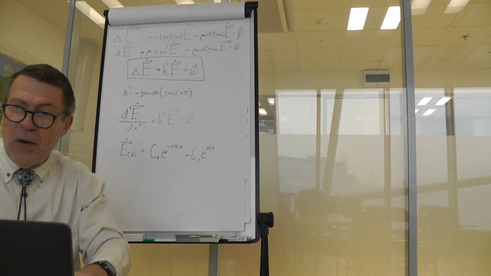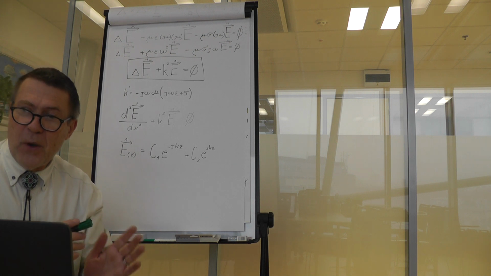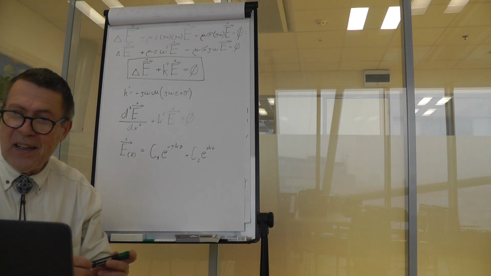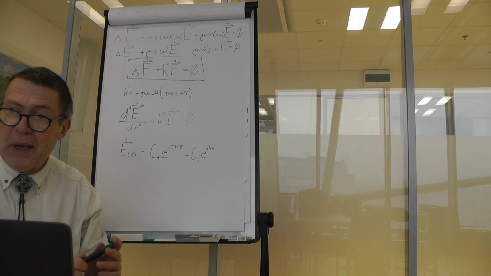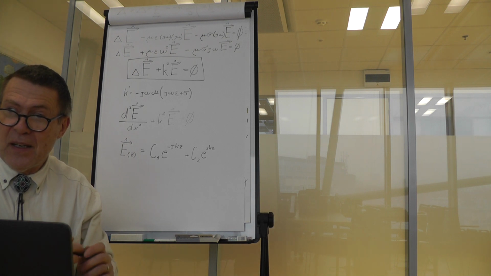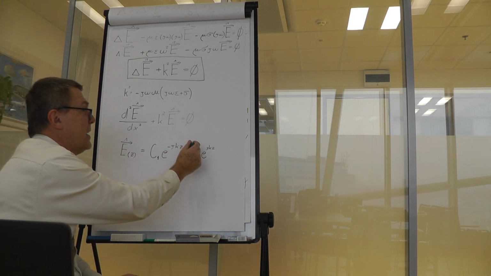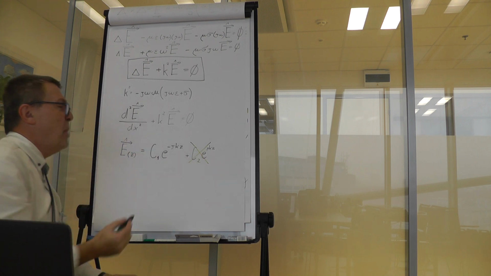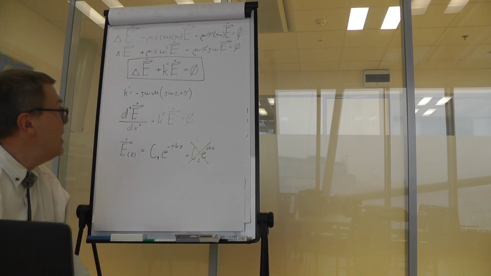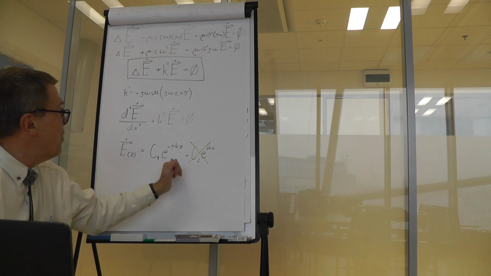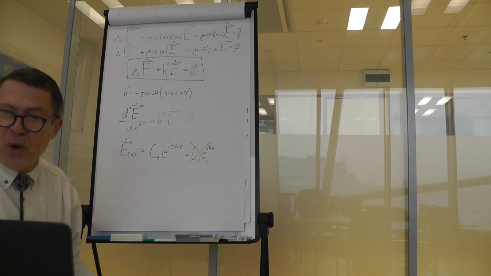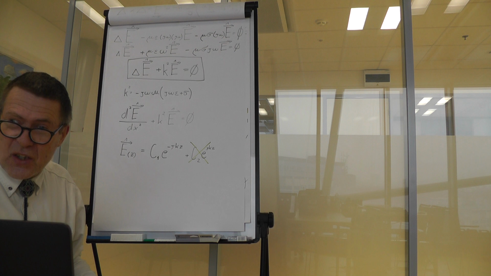So, for the sake of simplicity, we will from now only treat the wave that is propagating in the z direction, and therefore we will neglect this second part of the solution. We have a simple equation for the wave that propagates in the direction of z.